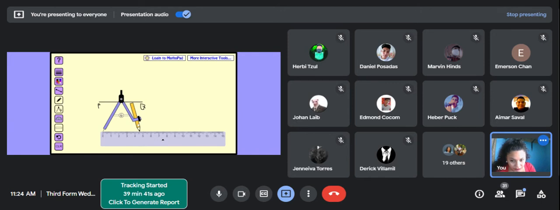4.6 on your compass. And you're going to place it at Q. You place it at Q and we're going to draw an arc.